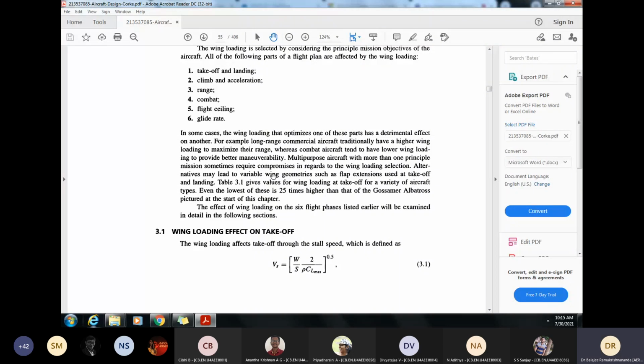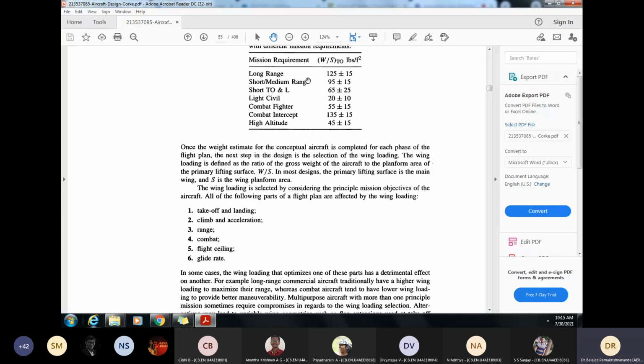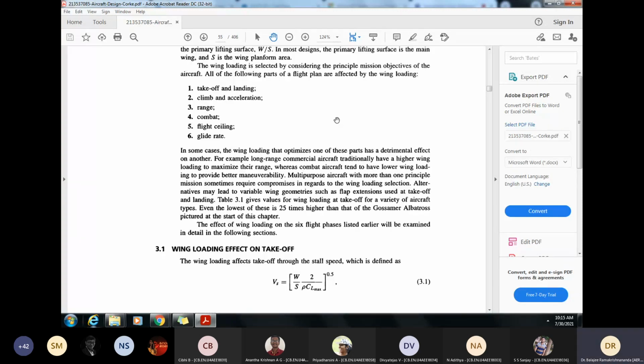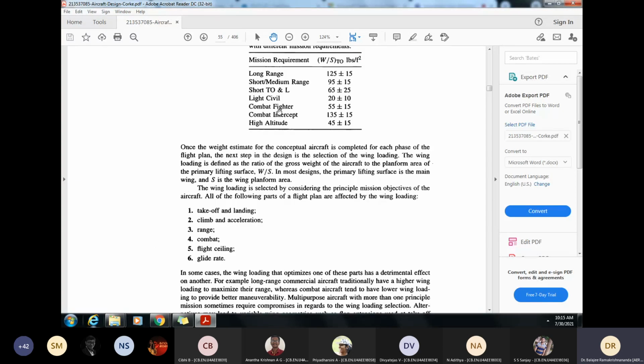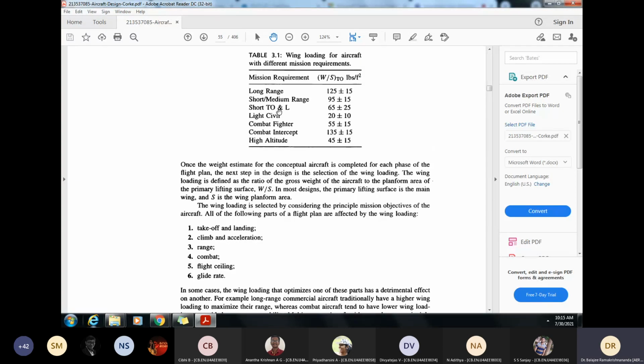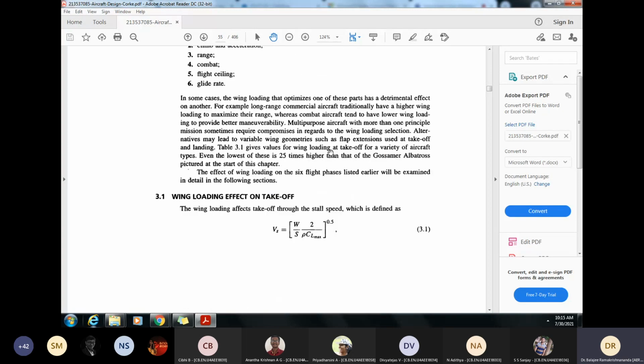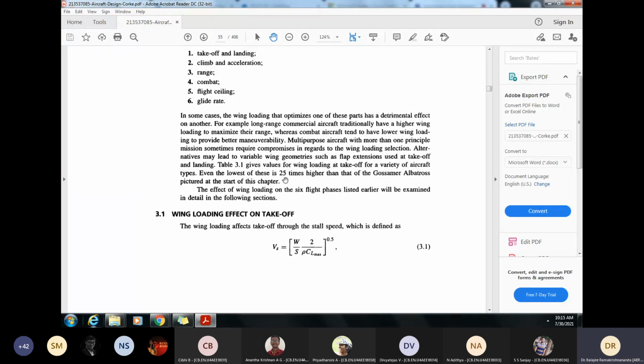So table 3.1 gives various values, but even the lowest of these, which is for high altitude aircraft, 45 plus or minus 15 pounds per feet squared, has a wing loading 25 times higher than the Gossamer Albatross.